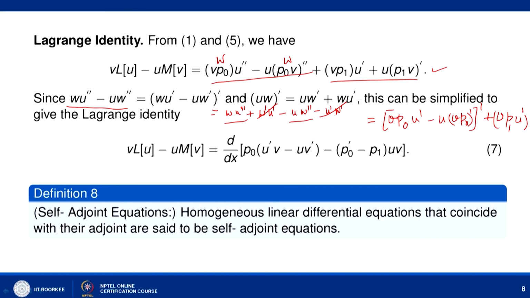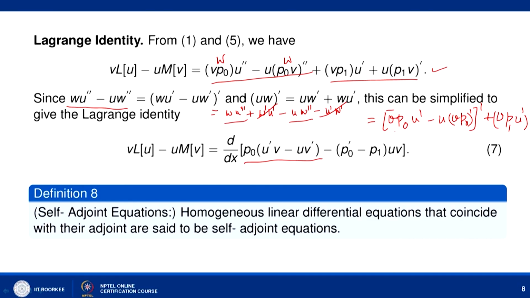Using this, and if we simplify, we can write V L U minus U M V as d by dx of P0 U dash V minus U V dash, minus P0 dash minus P1 U V. So when you simplify, you will get this.